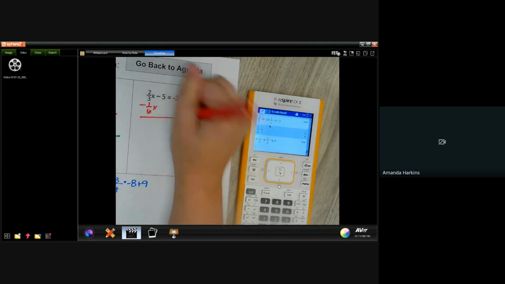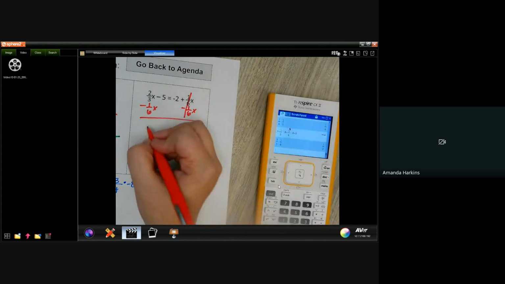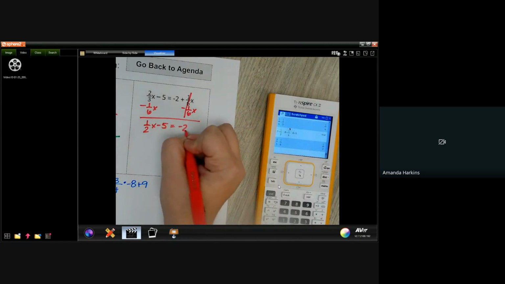My 1/6x is going to zero out, so I'm going to have control divide 2 over 3 minus control divide 1 over 6. That gets me 1/2. So 1/2 x minus 5 equals negative 2.